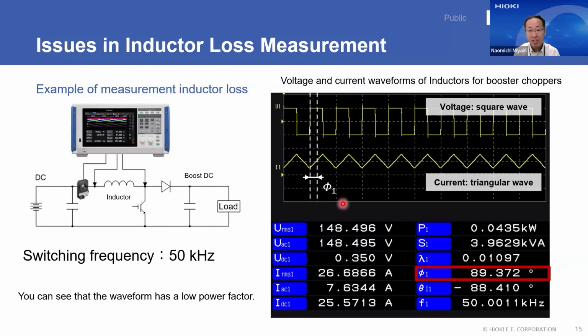If we check the phase angle of the current, theta I1 here, you can see that it leads by about 88 degrees. The power phase angle phi 1 is also nearly 90 degrees, indicating a very, very low power factor. So under these low power factor conditions, what kind of challenges arise in measurement?